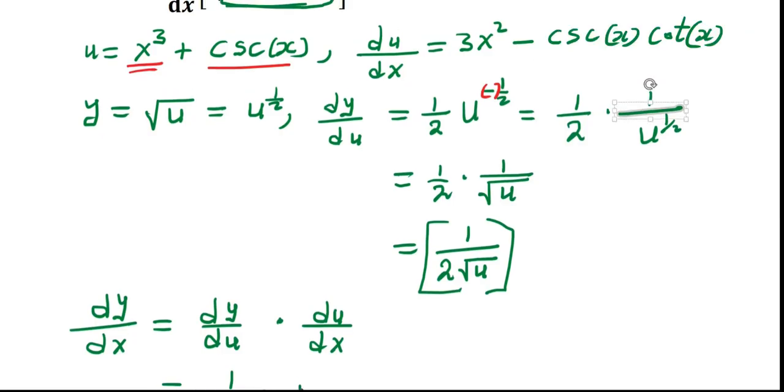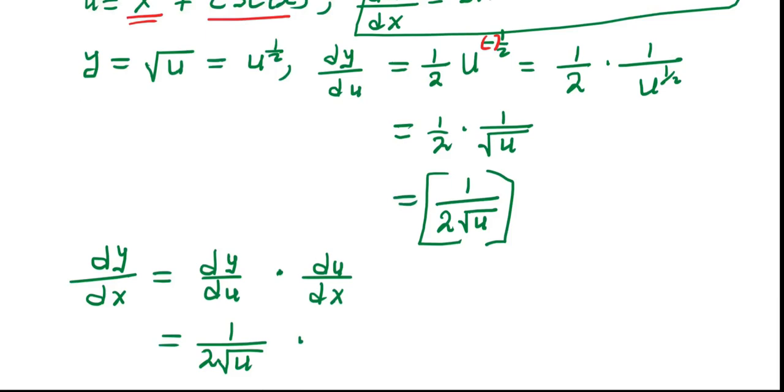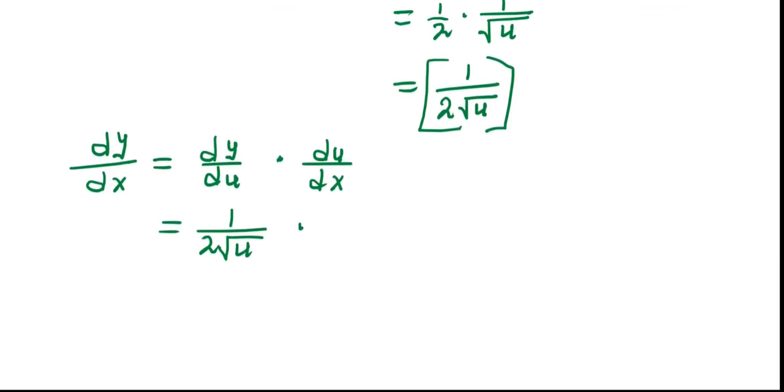Over here, this is du/dx, which is 3x squared minus cosecant x cot x. So let's transfer that over here. So we have 3x squared minus cosecant x cot x.